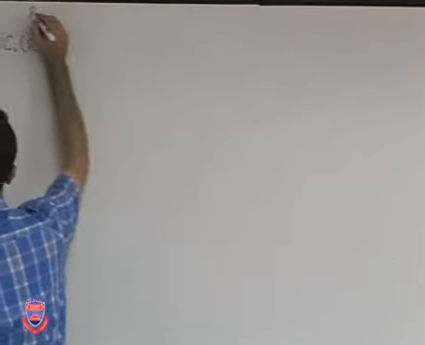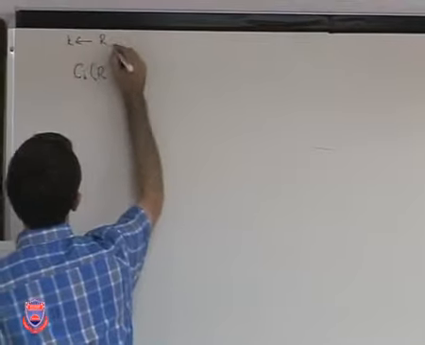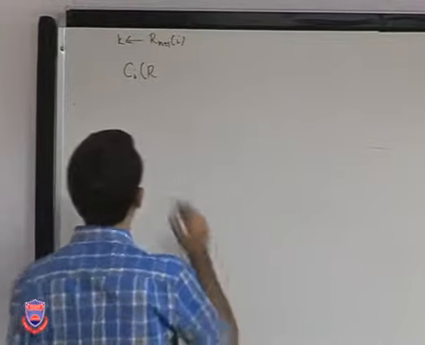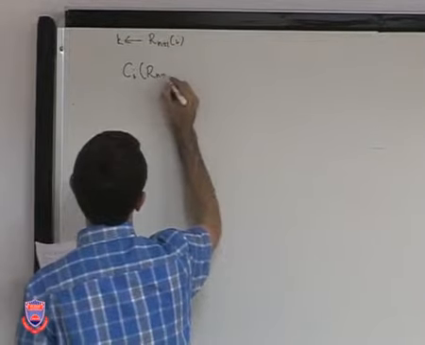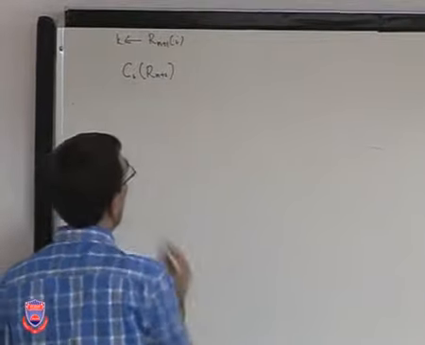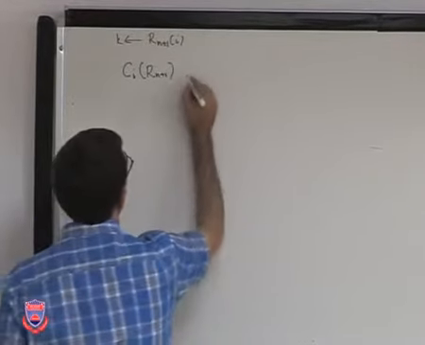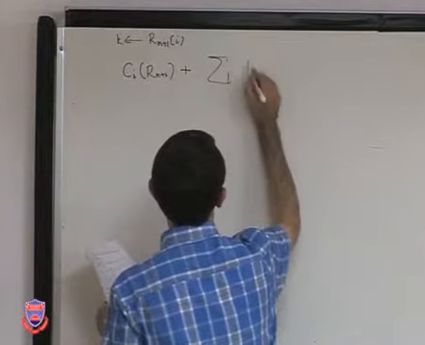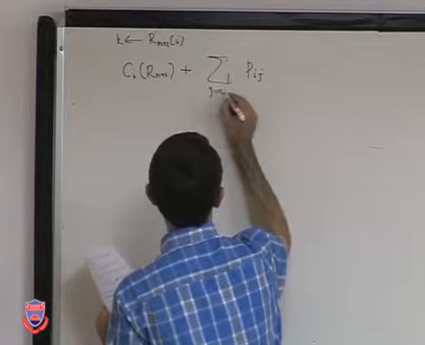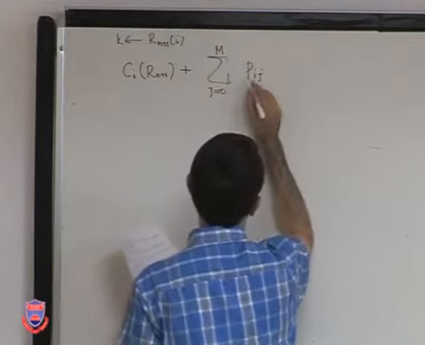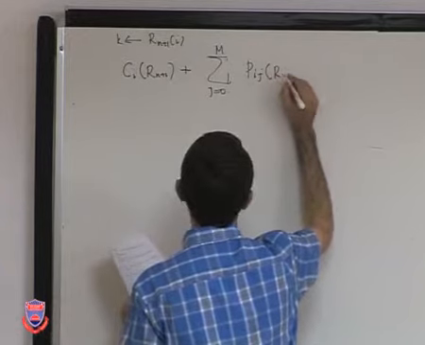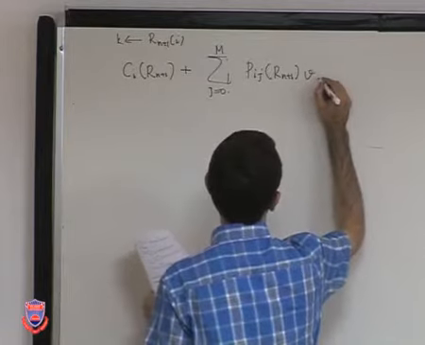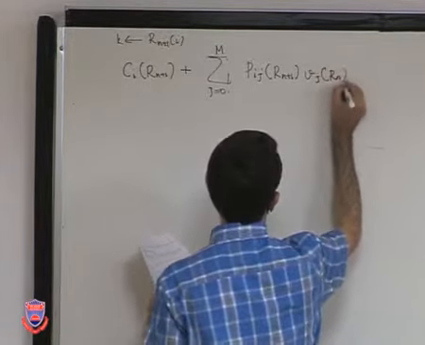When you replace k with Rn plus 1 of i, when you are looking at that equation for state i, then the first term is going to give you the expected immediate cost under this policy Rn plus 1, plus, what do you get? You have the sum over all j between 0 and m of the product, the Pij under policy Rn plus 1 times the relative value of state j under policy Rn.